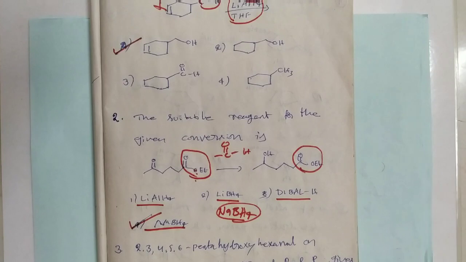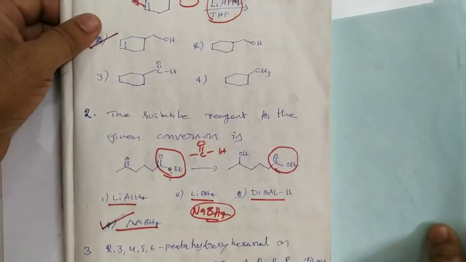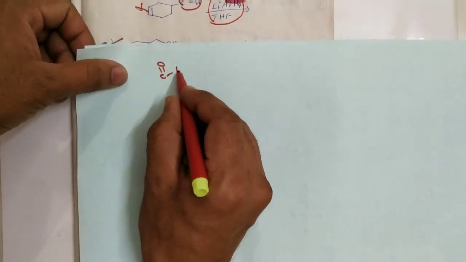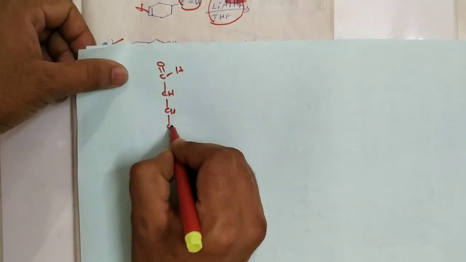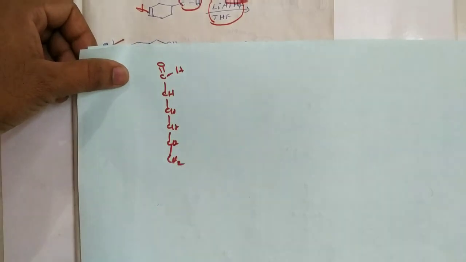So the suitable reagent is sodium borohydride. And next, here, 2,3,4,5,6-pentahydroxyhexanal, which is nothing but a hexose aldehyde. So here CH, CH, CH, CH and CH2.